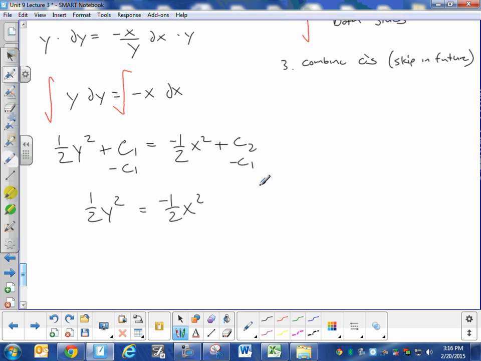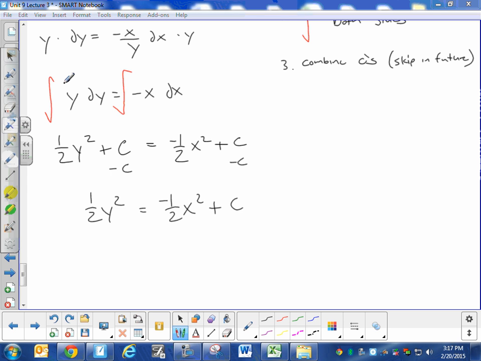Exactly, it's just another constant, C3. Or you can just say it's C. And these all could have just been C's. The key that people forget is that this C minus the C is not 0. It's another C, because you consider these different constants, since they are antiderivatives of different functions.